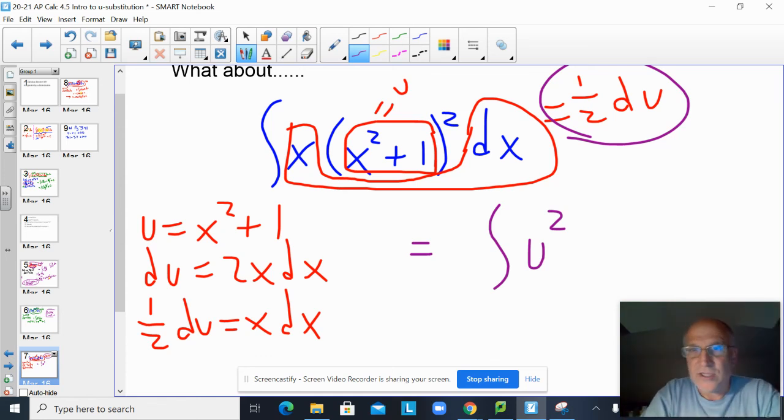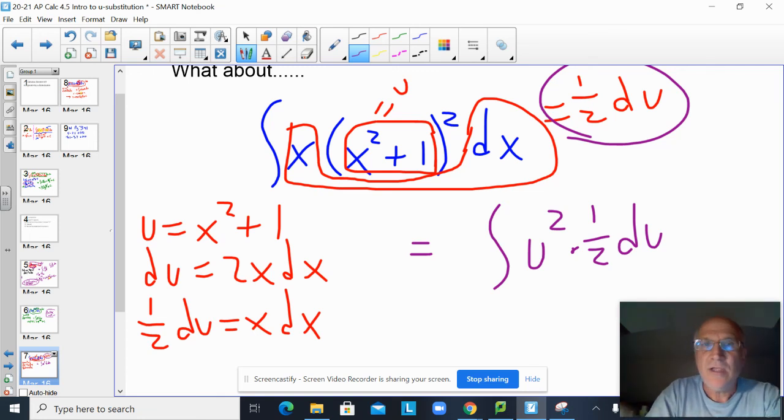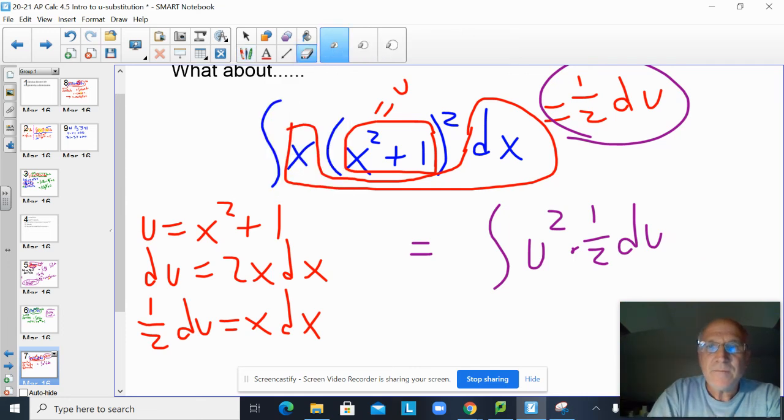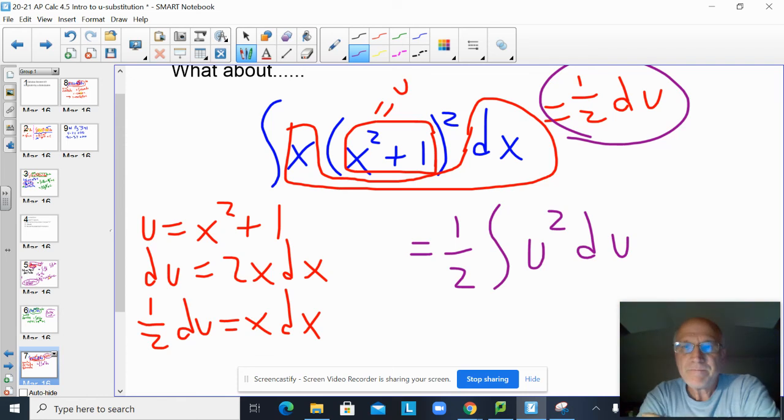Instead of putting times 1/2 du, which would be right, I'm going to move the constant out front of the integral sign because I'm allowed to do that with a constant. Whenever I have a constant there, I'm going to put the 1/2 out here and then the du out there. So I rewrote the original function in terms of u. I still had to choose u wisely.